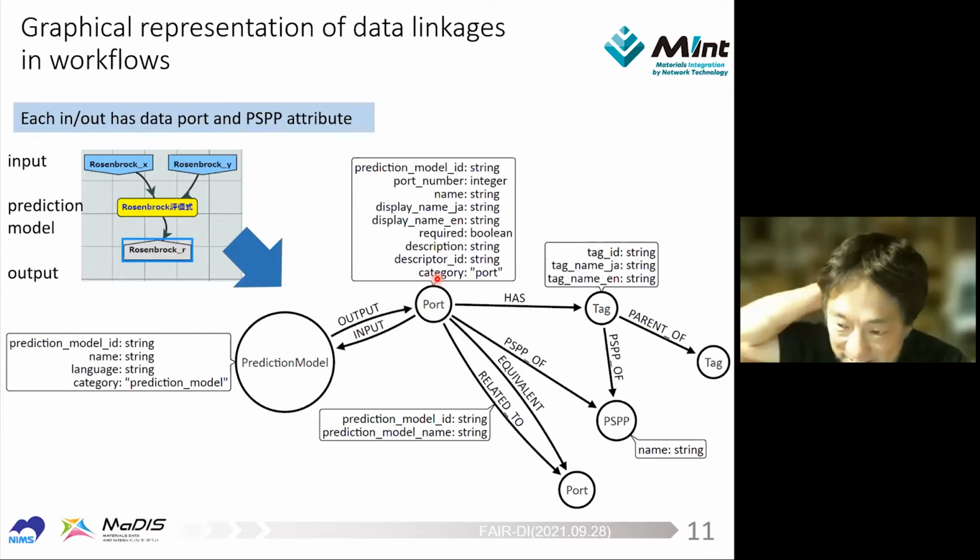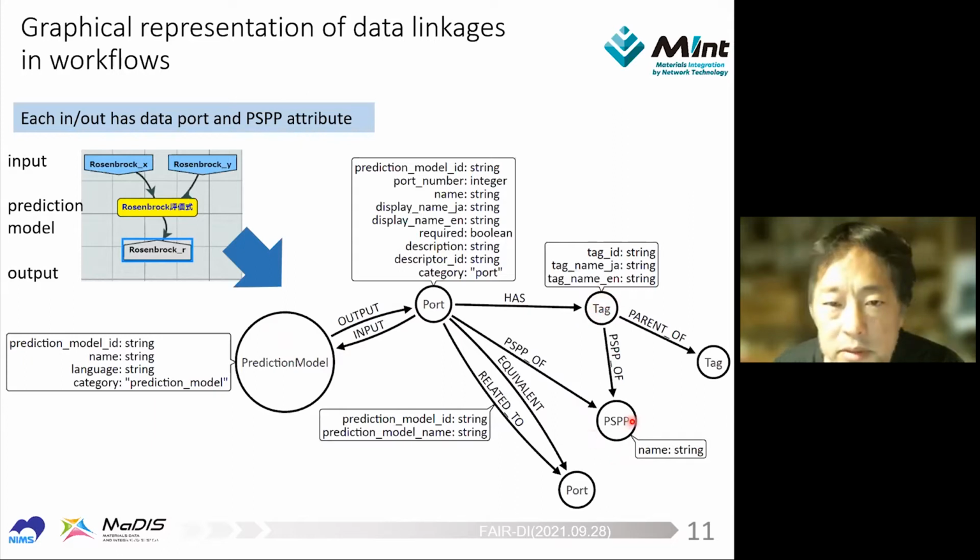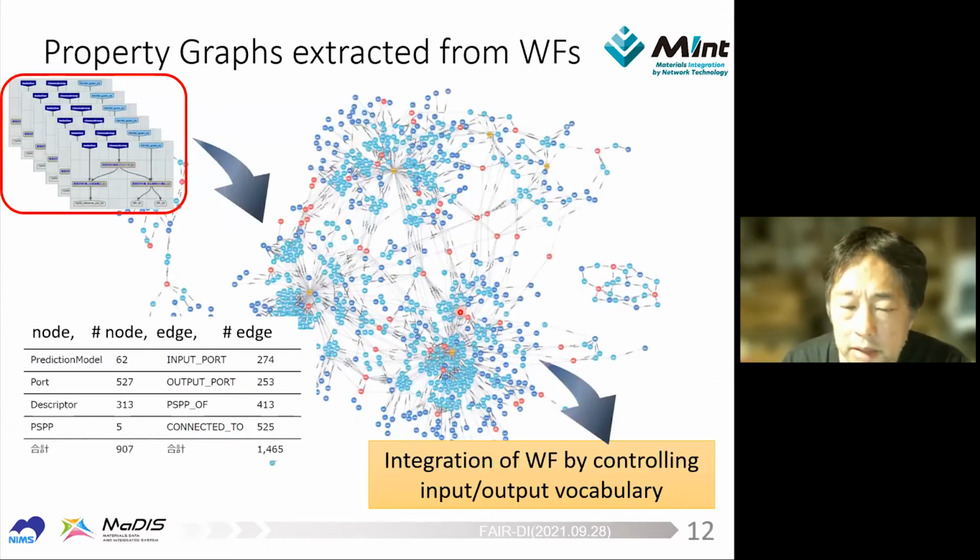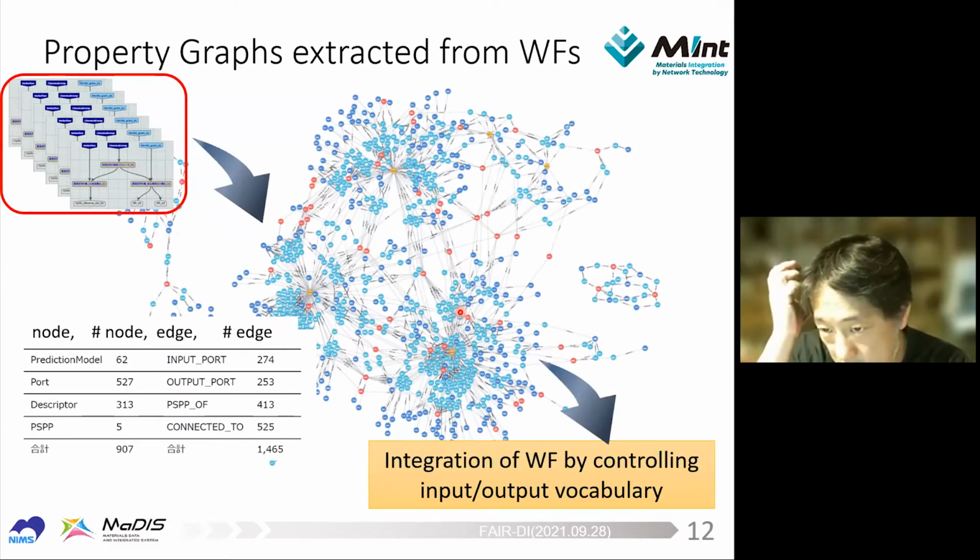And of course, attributes such as PSPP tags or some other attributes are applied to the port information. After that, we can connect and merge all of the workflow data stored in our system.